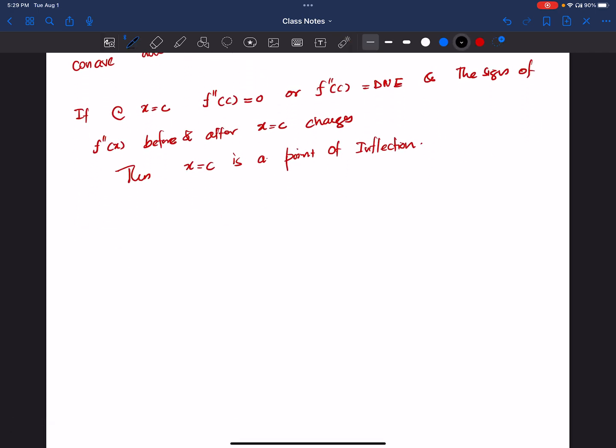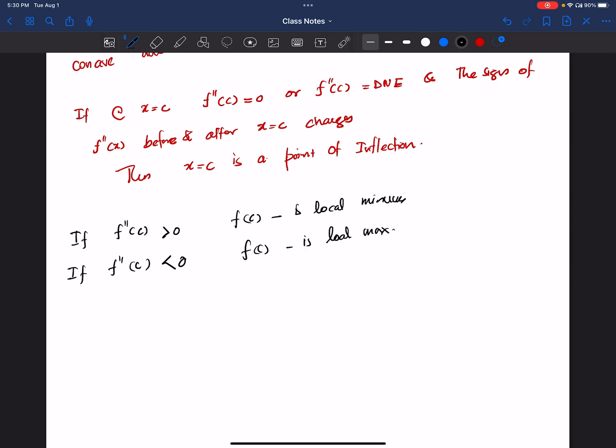So to summarize at the end: if f double prime of c is greater than 0, f of c is a local minimum. If f double prime of c is less than 0, f of c is a local maximum. If f double prime of c is 0, it is inconclusive.